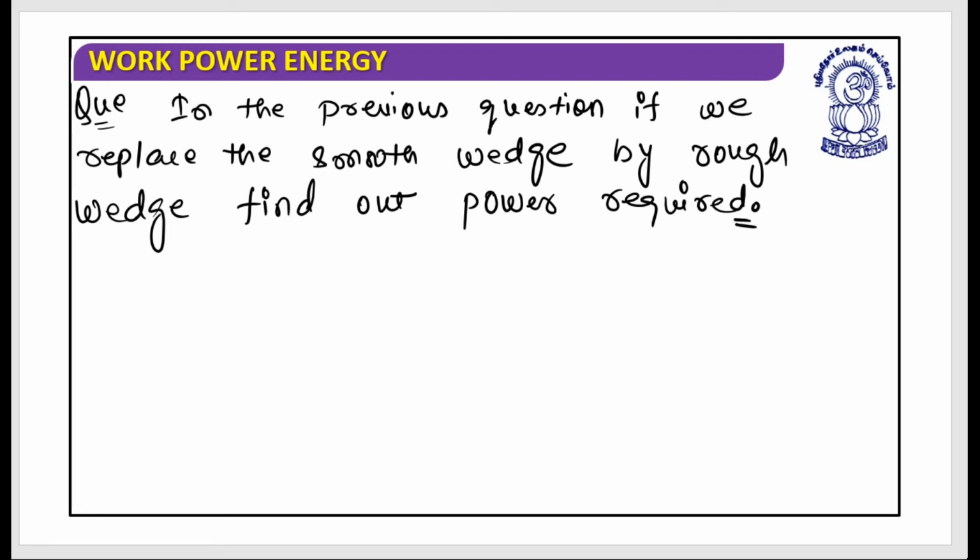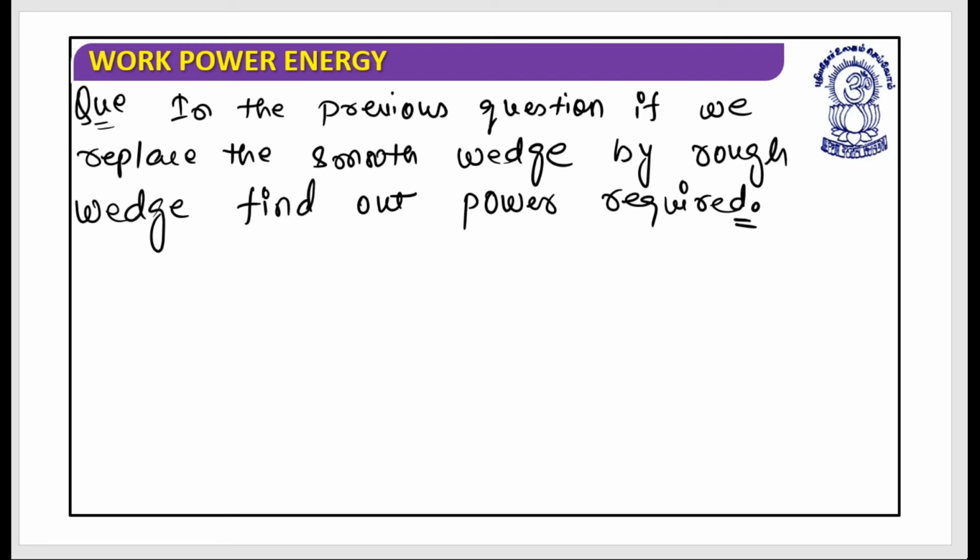So if we replace the smooth wedge by the rough wedge, we need to find out the power required to move this block with velocity v. How should I do this? What can we do?